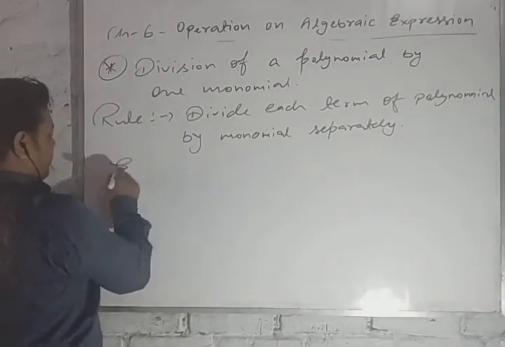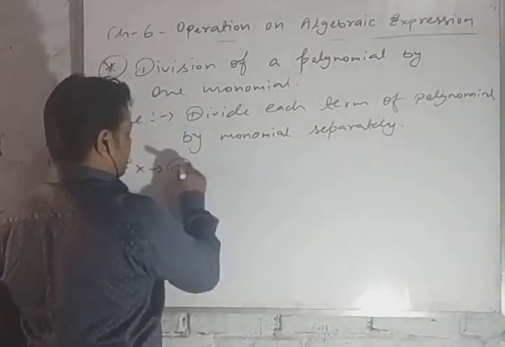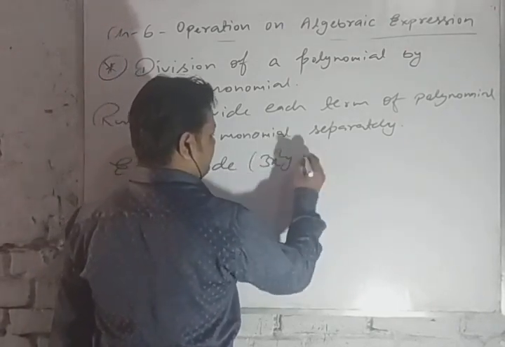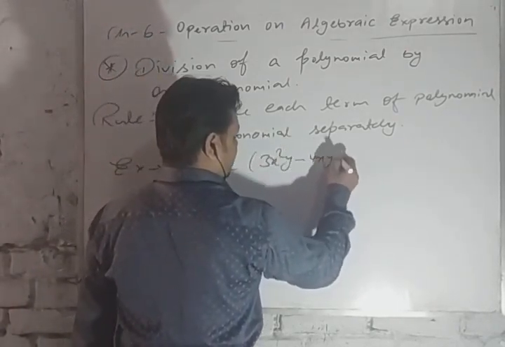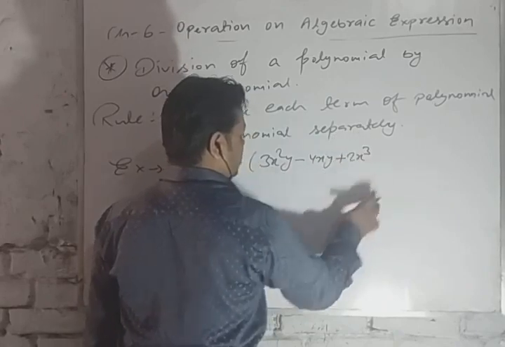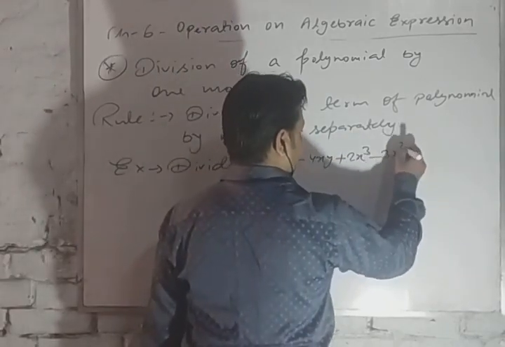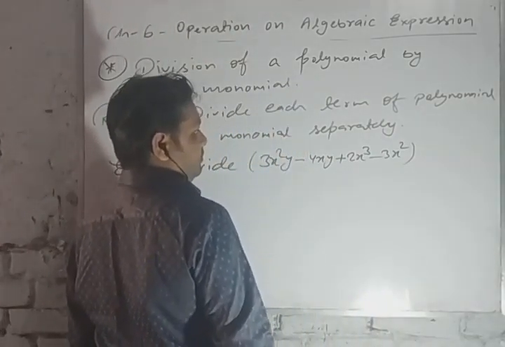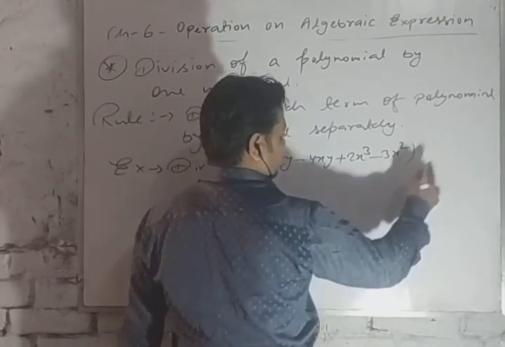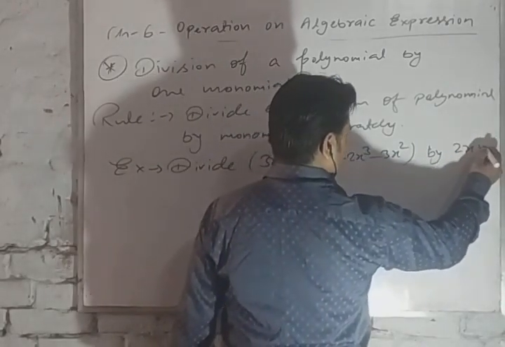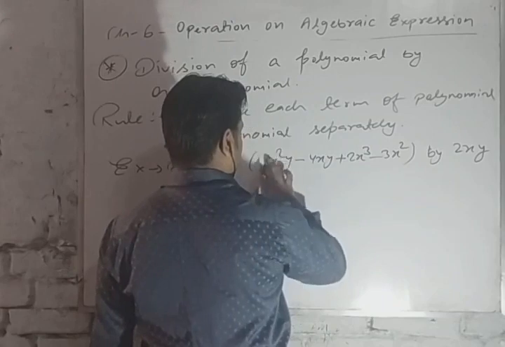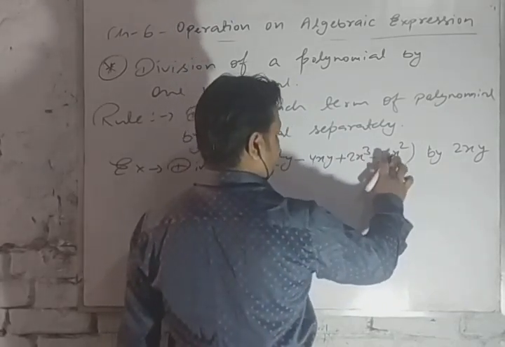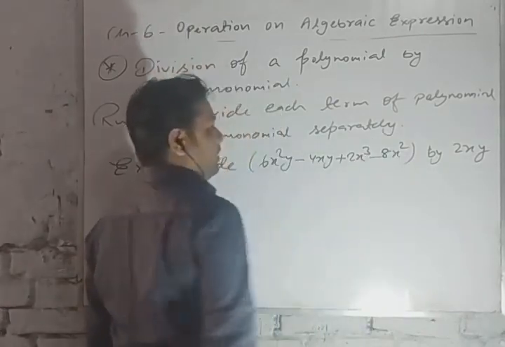Now let's see one example. If the question is to divide 6x square y minus 4xy plus 2x cube minus 8x square by 2xy.